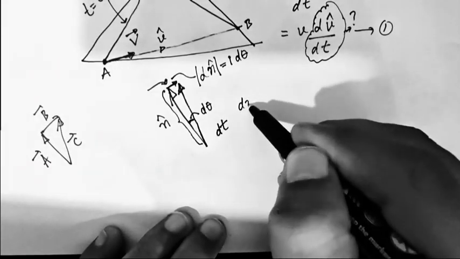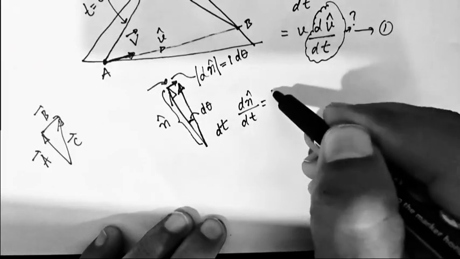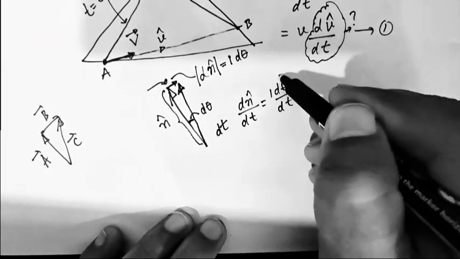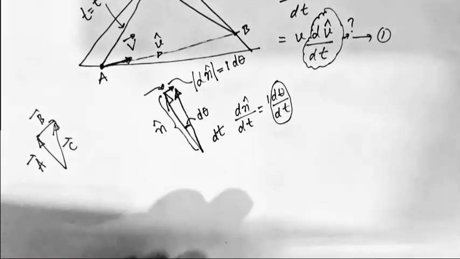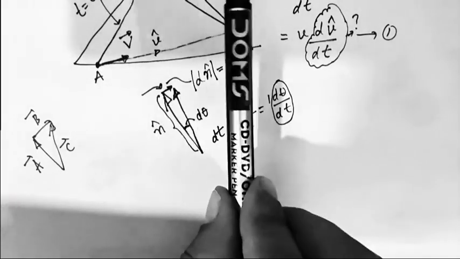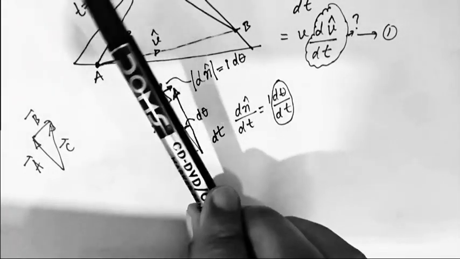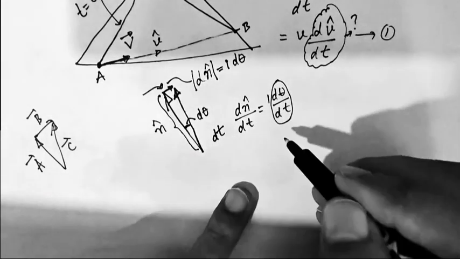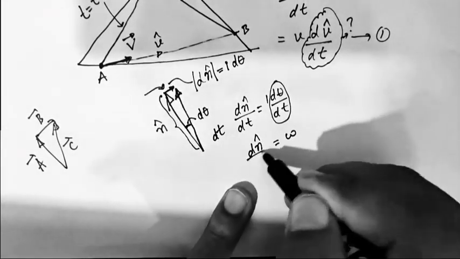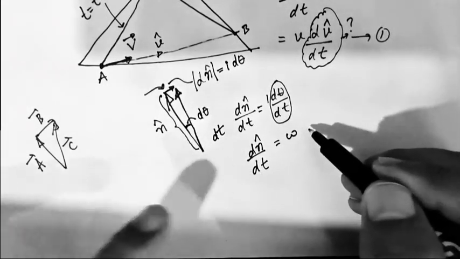So if I divide the change in unit vector by the time taken, I will get 1 d theta by dt. And this, I hope you know, is the angular speed with which this line is rotating. So when something rotates angle d theta in time dt, the ratio is angular speed. So this is dn cap by dt. Of course, it's a vector, so where is the direction of this?